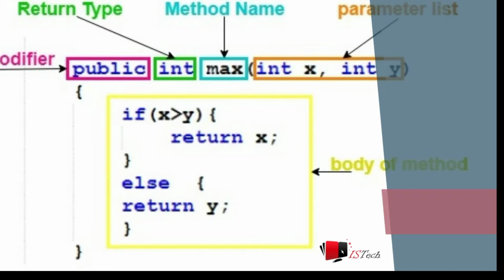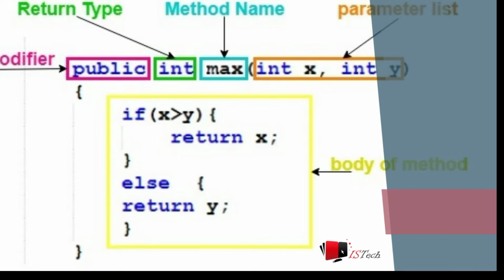2. The return type. The data type of the value returned by the method, or void if it does not return any value. 3. Method name. The rules for field names apply to method names as well, but the convention is a little different. 4.